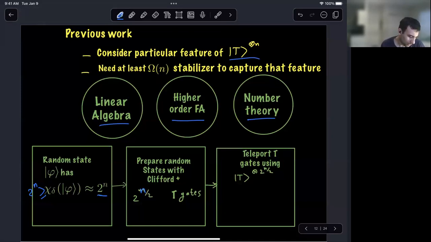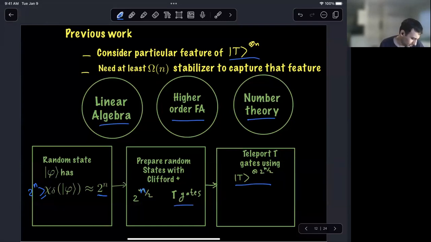And then we use that idea of teleportation that I talked about in the beginning to replace each t gate with some ancilla qubits and this t to the power 2 to the n over 2.